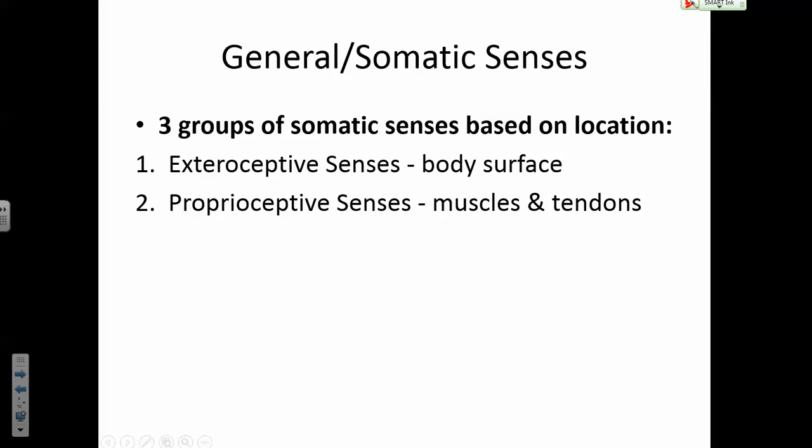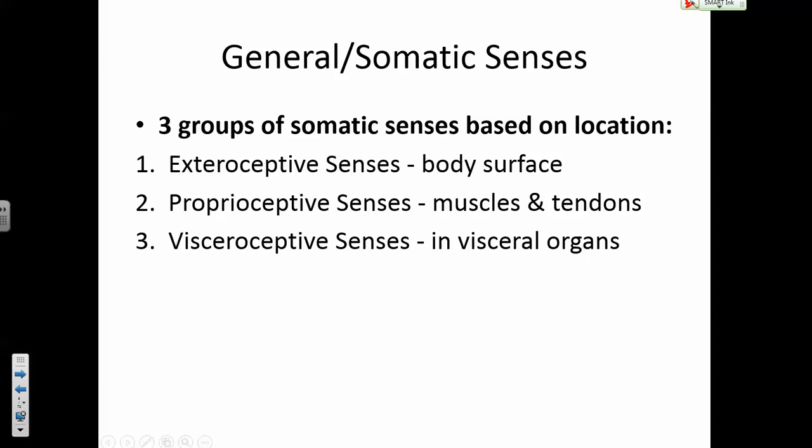Proprioceptive, now we've seen that word this morning. Proprioceptor was a stretch receptor. Those stretch receptors are found in your muscles and in your tendons. Those senses sometimes are classified as proprioceptive senses, and then visceroceptive senses are in all your other internal organs. Okay, viscera, remember, means internal organs.